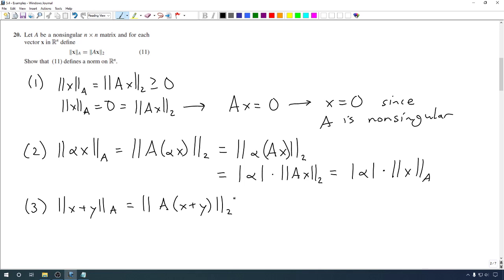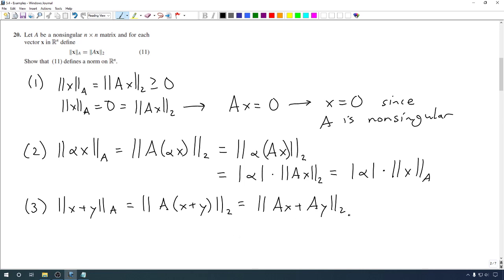This is x plus y. Once we do that, well, we also know that we have a matrix times a sum. We can distribute that. We have A times x plus A times y inside of our 2 norm. And then this thing is the sum of two vectors in a 2 norm.